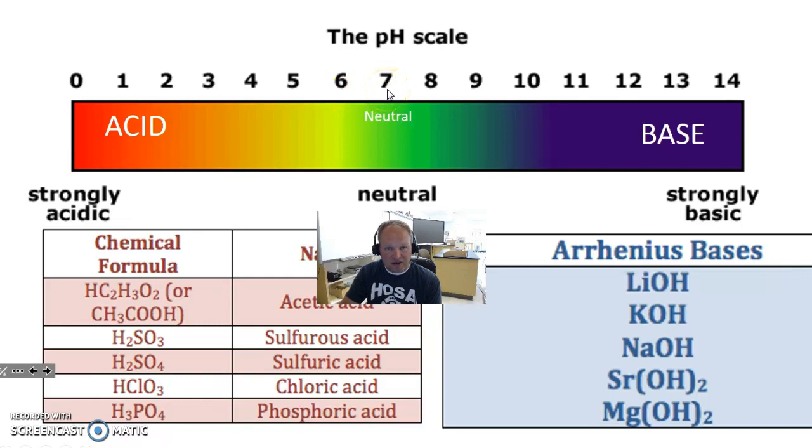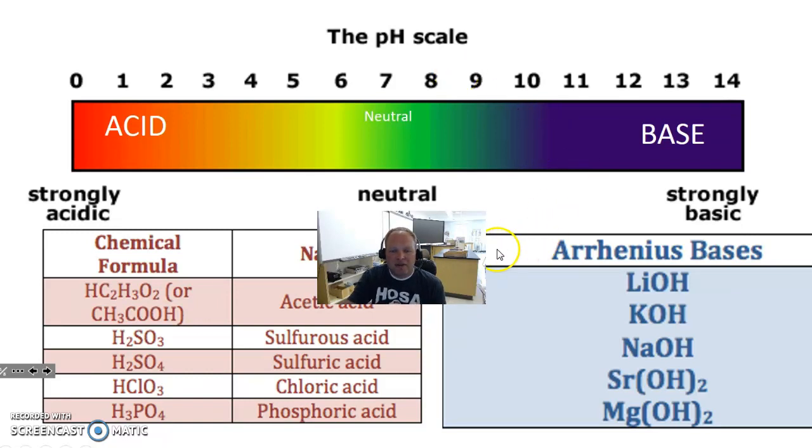At a pH of 7, I'm right smack dab in the middle. I am neutral. We'll explain that in just a second. And if I go above 7.1, or 7.01 actually in theory, all the way up to 14, I am a base. So right away, you could have a question as simple as that. What is the pH of a substance? Or if I have a pH of 4, what am I? If I have a pH of 10, what am I? So know your pH scale.